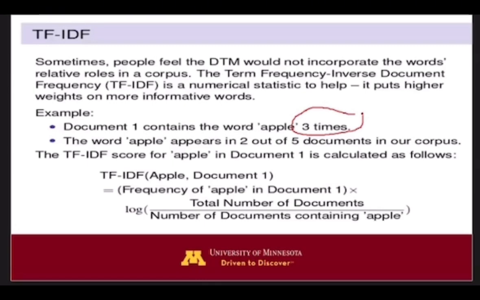You have 5 different documents, and the word apple appears in 2 out of 5 documents in the collection of documents for analysis. Then do you know we can actually compute a TF-IDF score for Apple?